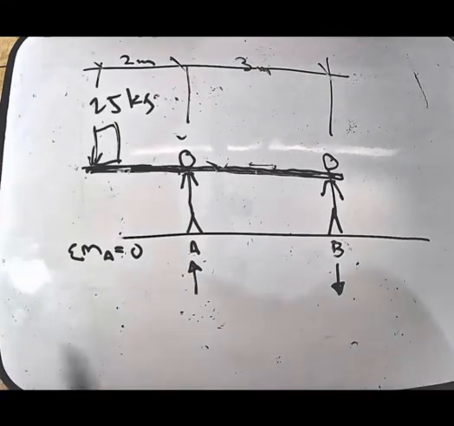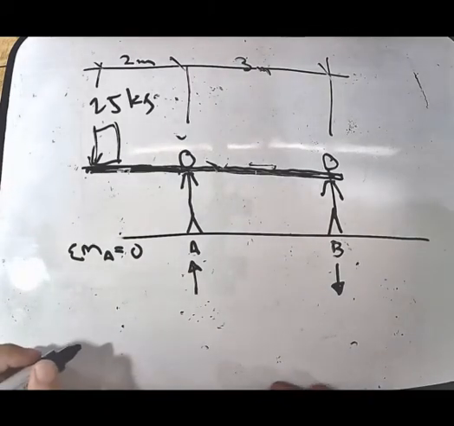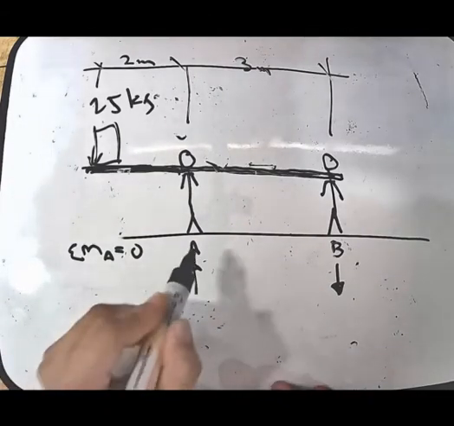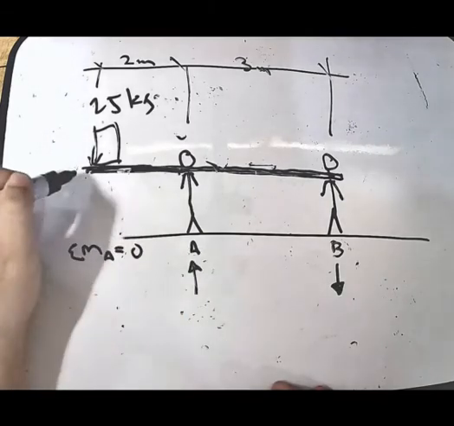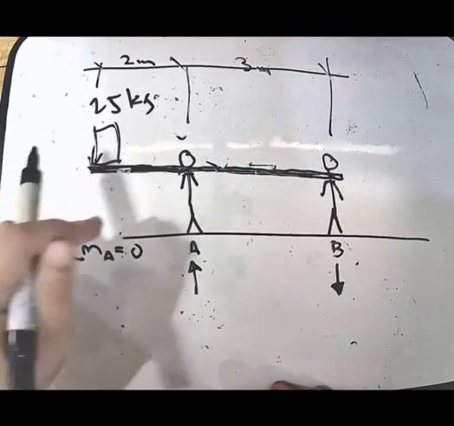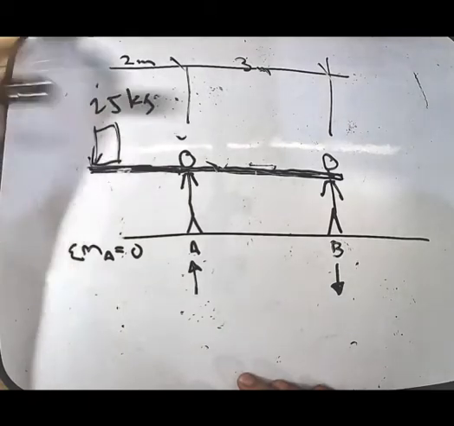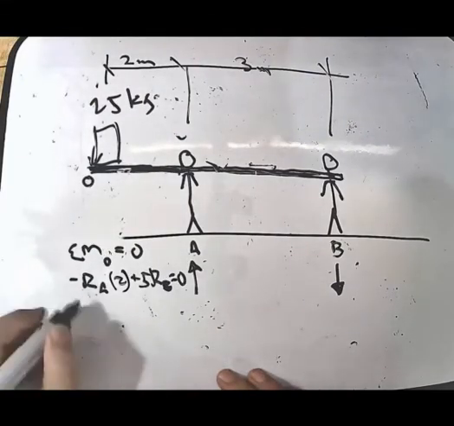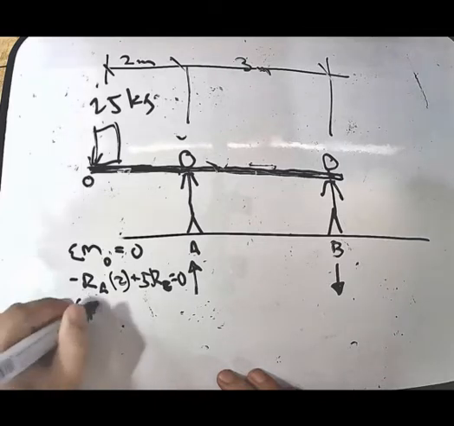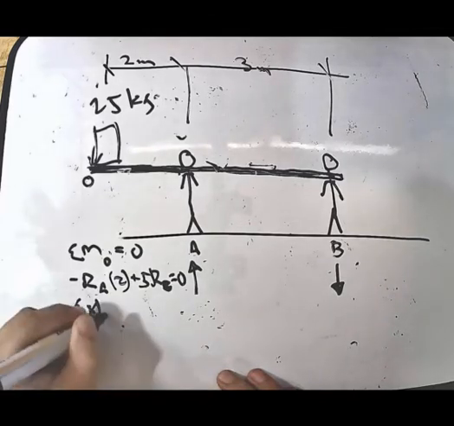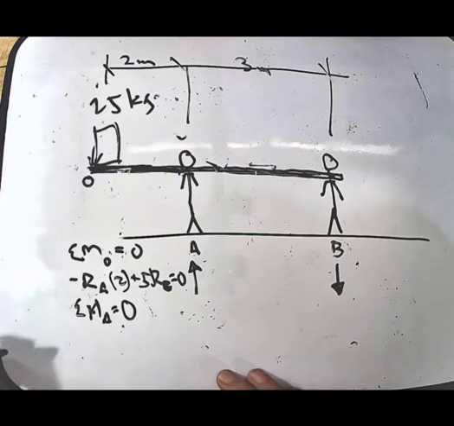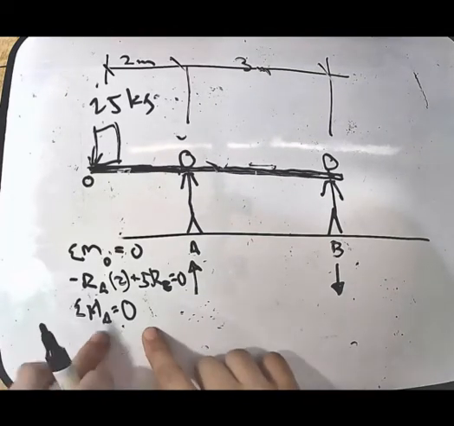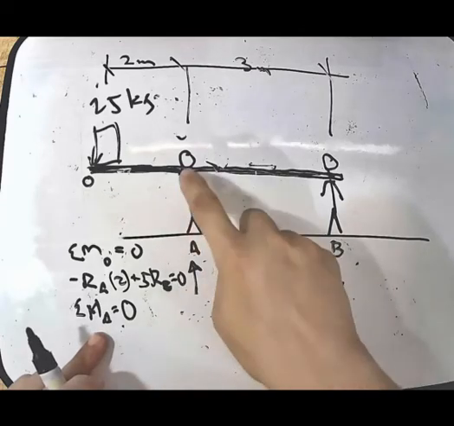Automatic na yun na basta clockwise is positive. Pwede tayong mag-take moments at A, pwede rin tayong mag-take moment dito sa gilid, no? Sa may load. Mag-take moments tayo sa A equal to 0. Alright? So, mas logical na dito tayo mag-take moments sa A.